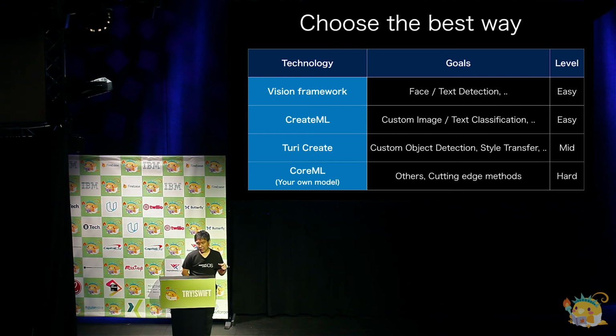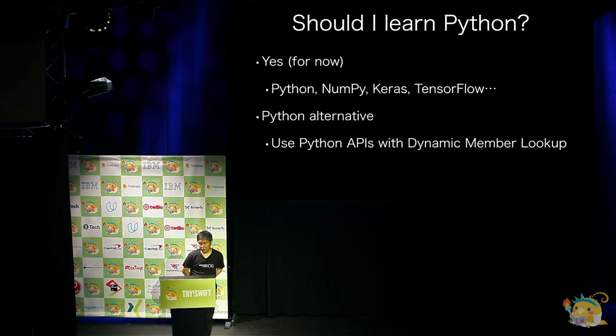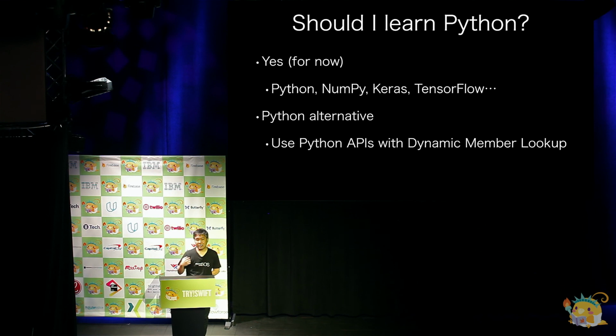Finally, should a Swift engineer learn Python if they want to learn machine learning? For now, yes. Other than Python, there are fundamental machine learning related libraries such as NumPy, Keras, and TensorFlow. However, in the future, we might not need to write Python. One reason is that if you use the dynamic member lookup feature in Swift 4.2, you can directly call Python APIs.